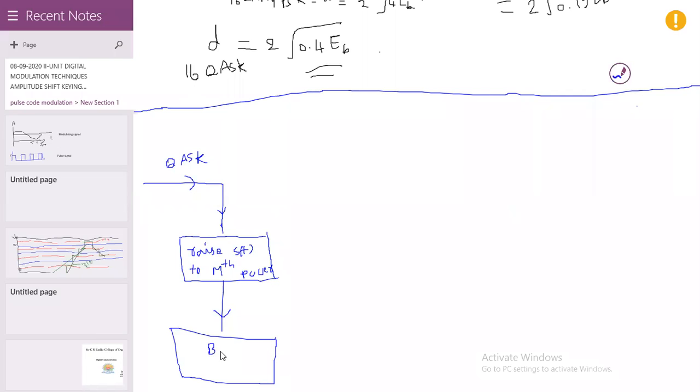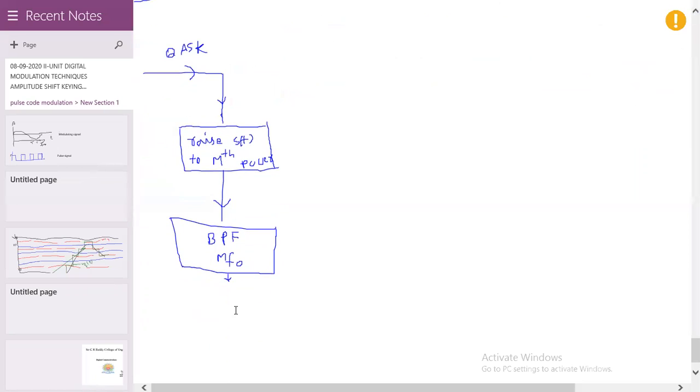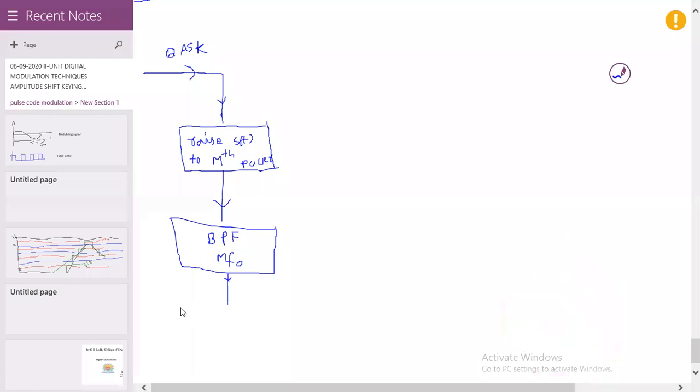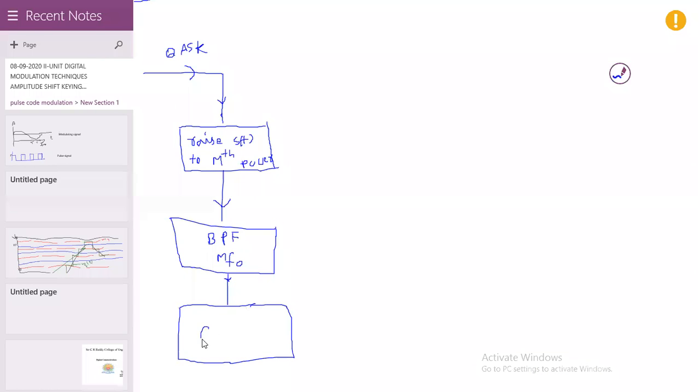And that is passed through a band pass filter, which allows M f naught, and then passed through a frequency divider, divided by m.